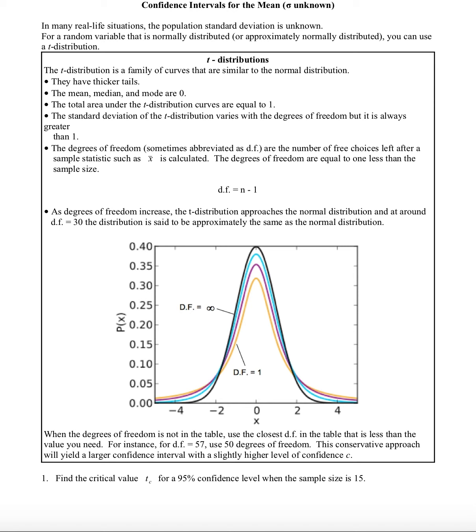The degrees of freedom, sometimes abbreviated DF, is the number of free choices left after a sample statistic such as x bar has been calculated. The degrees of freedom will be 1 less than the sample size itself.